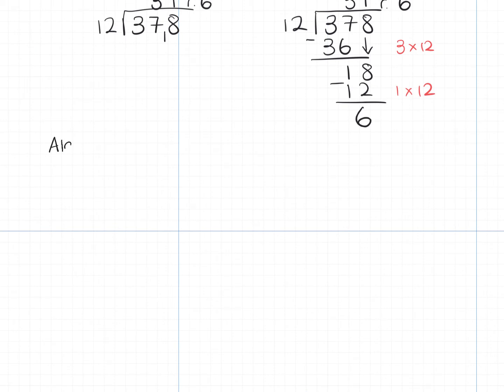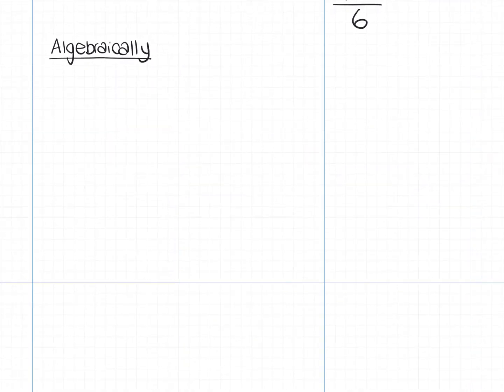So an example of one using algebra then. Let's start with a nice example.